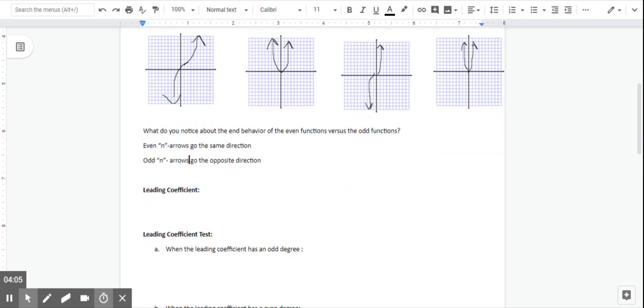And so that is all going to be based off of the leading coefficient. So now you may have heard this term before in Algebra 2, leading coefficient. The leading coefficient is the number in front of the variable with the biggest exponent.